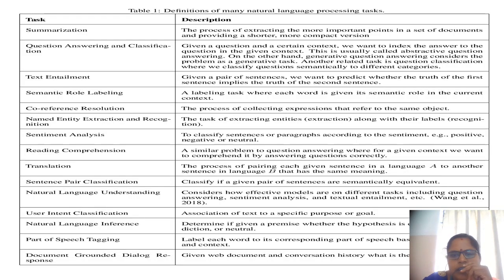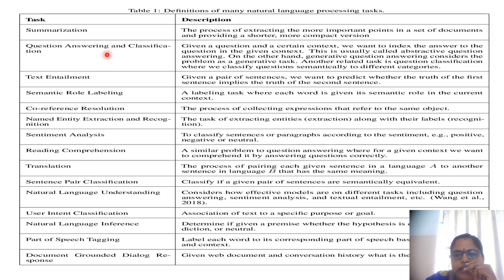So this is a quick and short table which will help you identify the definitions related to NLP tasks. What is summarization, classification, text entailment, semantic role labeling, coreference resolution, named entity extraction, sentiment analysis? Please do remember each task.